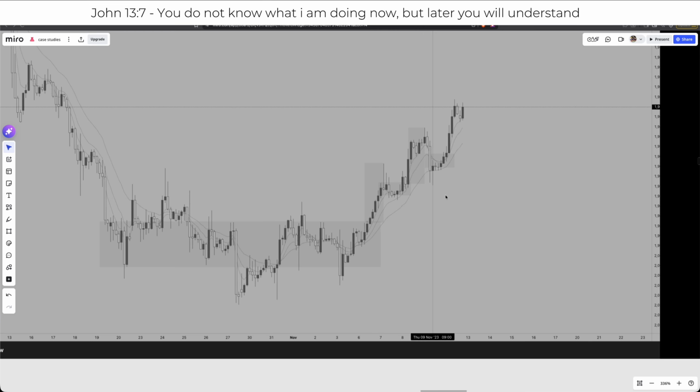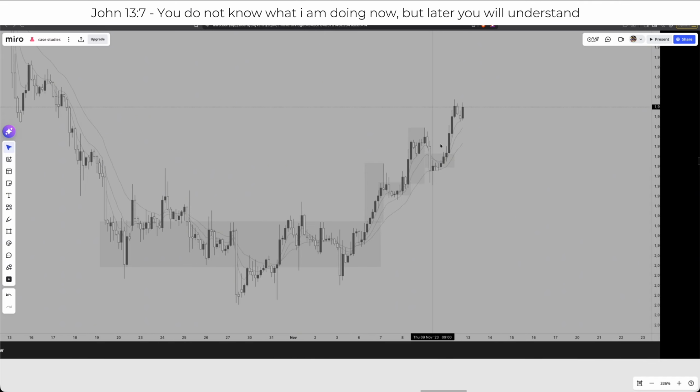Now, with my testing, I also saw areas where I could go off of a 1-2-1. However, I just want the market to prove to me that it wants to go higher. I'm willing to wait for one more 2-1 to get inside of here, because at that point, the market has proved that it wants to continue going higher.